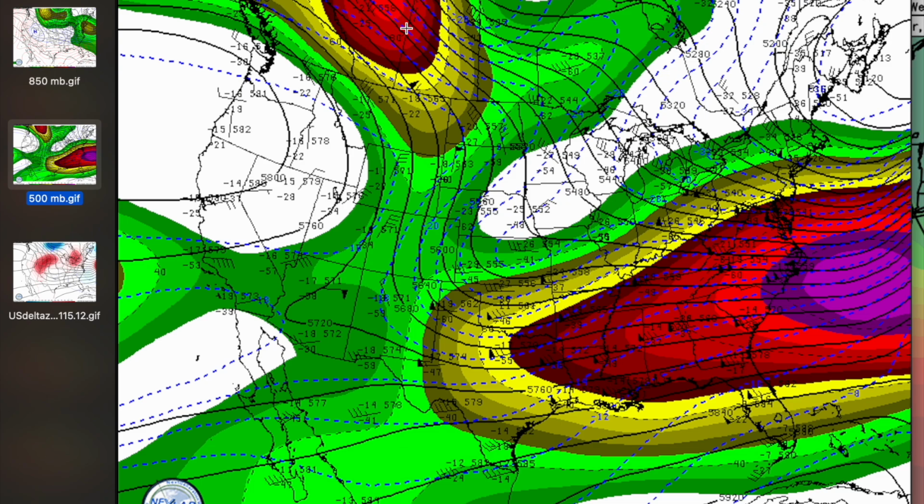And on the other side of that trough, towards western parts of Canada, we have some more faster winds aloft. This is the feature that's going to pretty much give us a blast of winter across the United States.